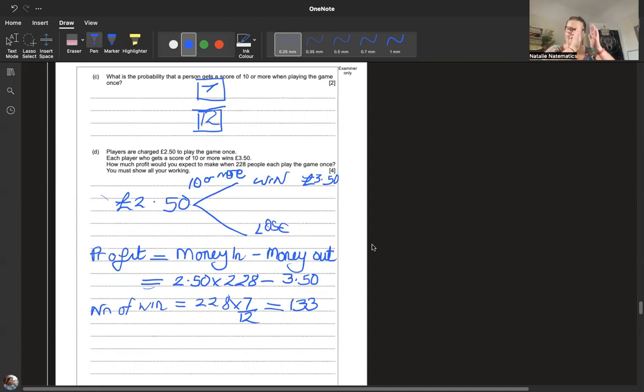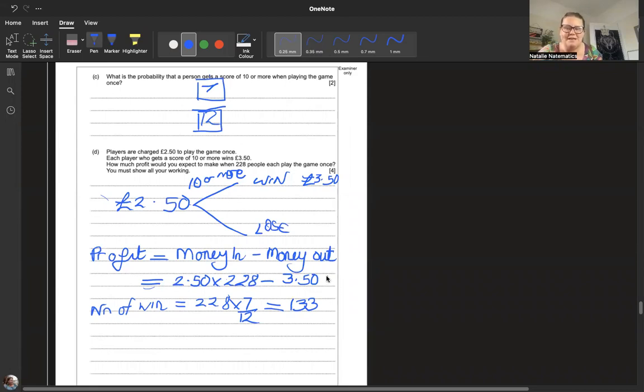So you can imagine these little groups of 12, group of 12, 12, 12, 12. There's 19 of them. And in each of those 19 groups, 7 will win. So that's where we get the 133 from. So you've got 19 times 7, 133. So now we've got our number.